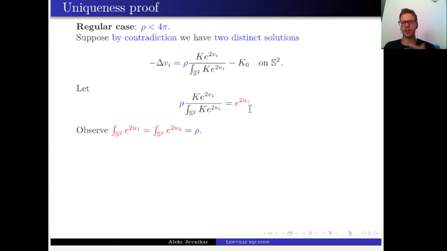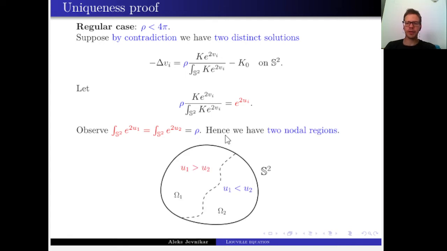So I just englobe all these quantities into just one function here. This function, of course, is normalized, so you can observe that the total integral of these two functions is just the parameter rho, by construction.